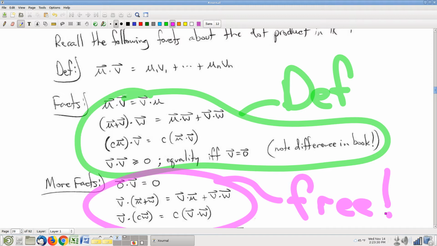It would be very complicated to say an operation is an inner product if it satisfies any of the following 10 combinations of these 7 rules. It would just be kind of a pain. So we make this definition arbitrarily, and we take these as free, kind of arbitrarily. It's a very reasonable question, though.